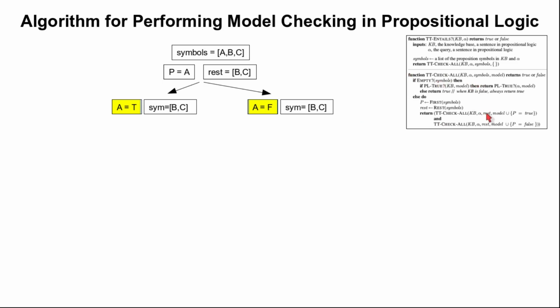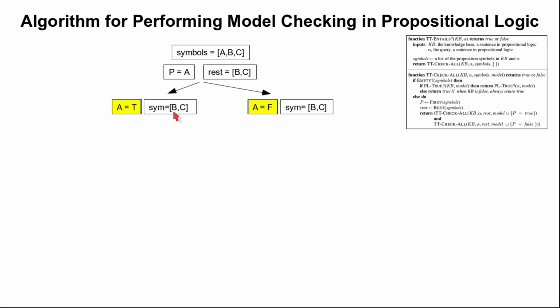The value of rest will be taken by the variable symbols. So in the second recursive call our symbols will be equal to BC, and for this recursive call our symbols will be BC. So we have called this function again, so we need to evaluate it. So this is the recursive call, and we need to see what will happen for this call.